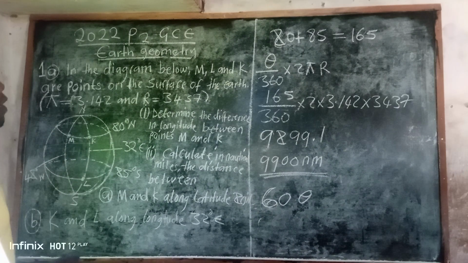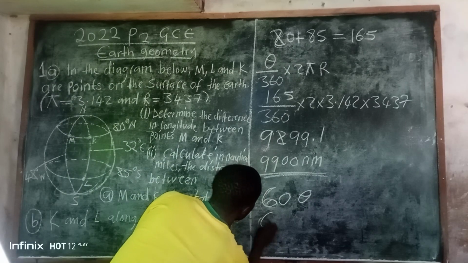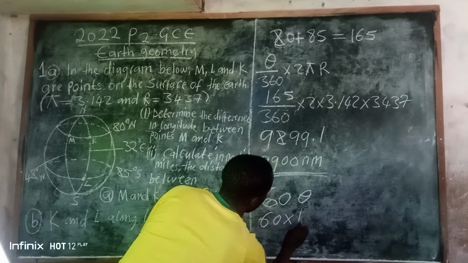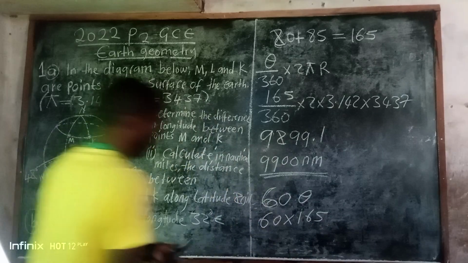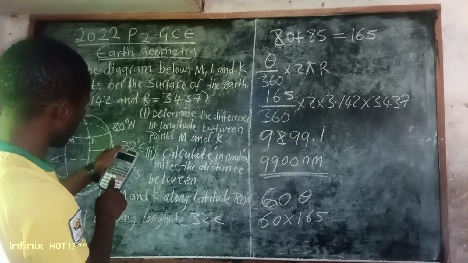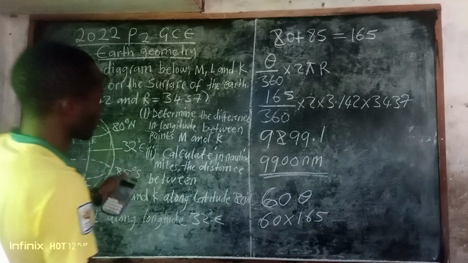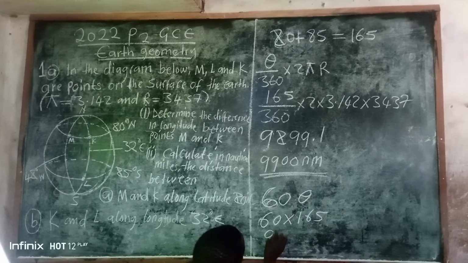So that will be our formula. So let us substitute. 60 times 165. The answer will be 9,900.